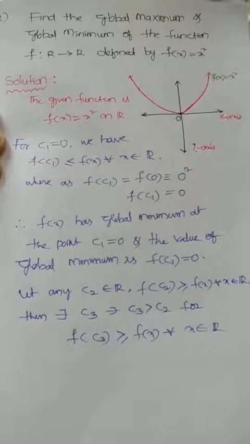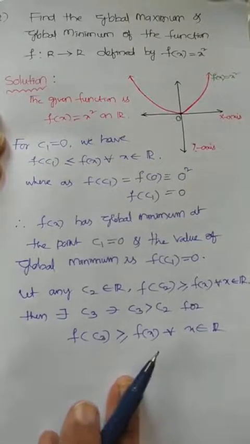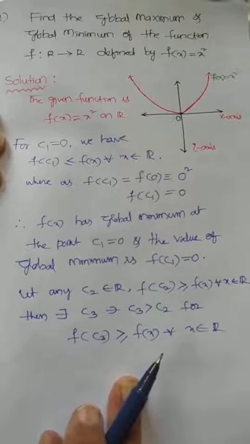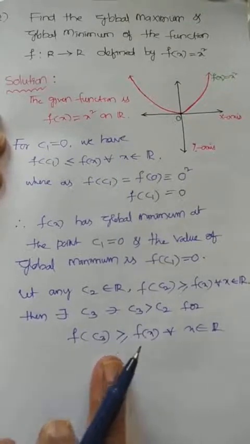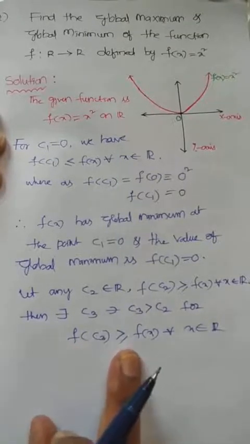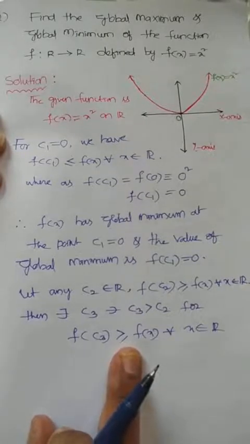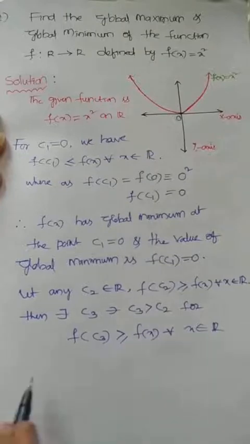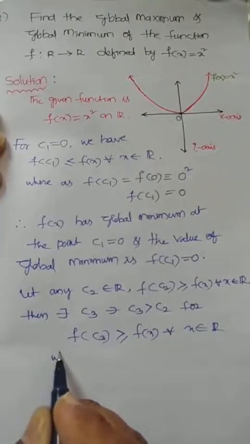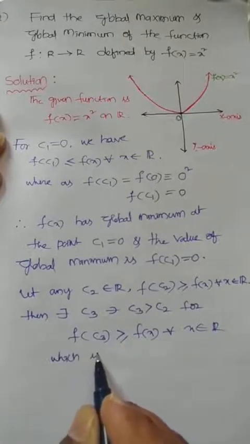So what is the conclusion? That it can't have a global maximum. To obey this global maximum relation, it would need one more c4, like that, which is a contradiction.